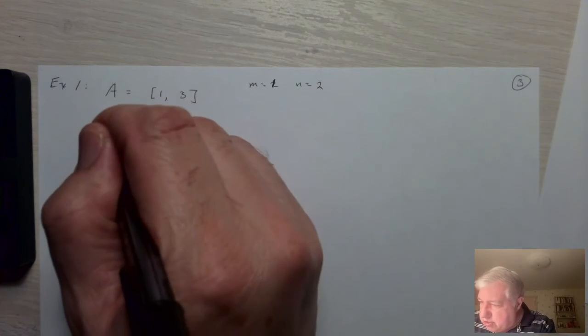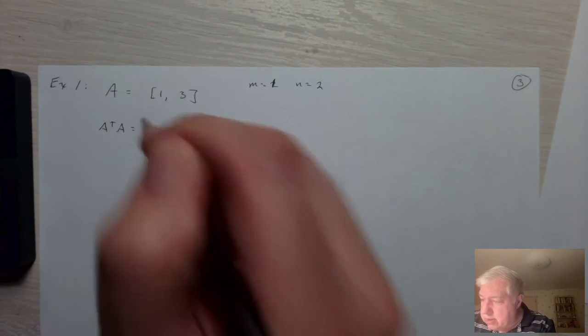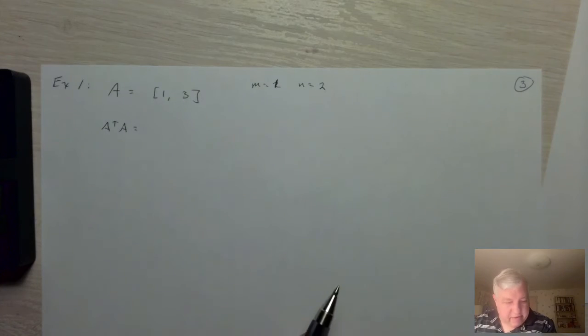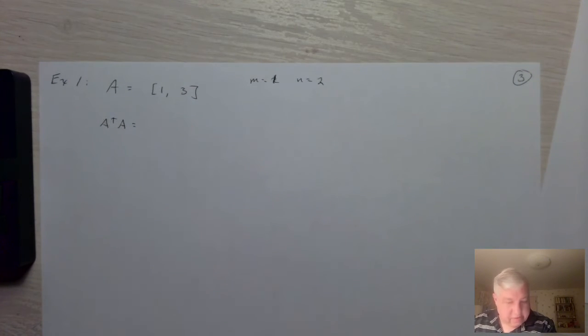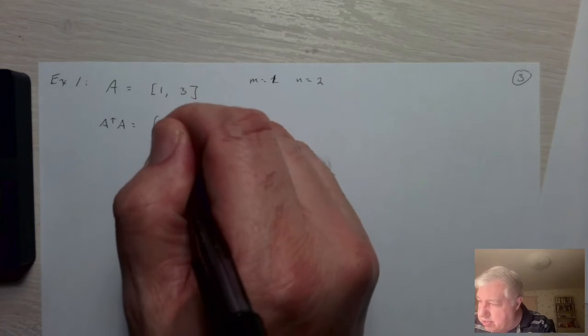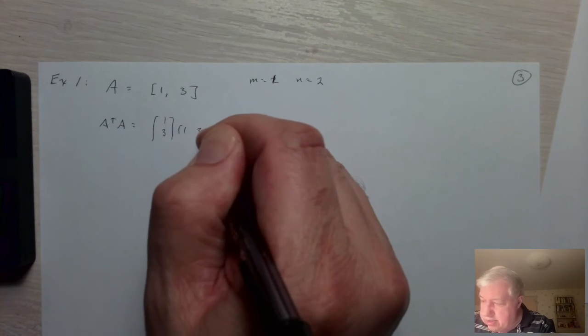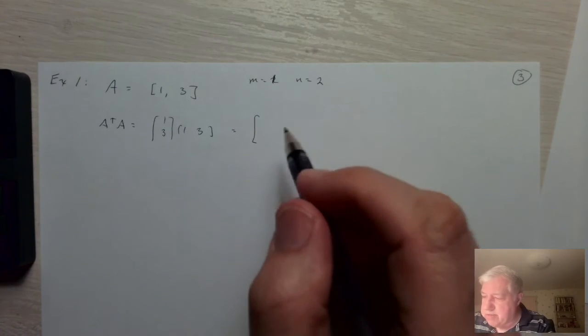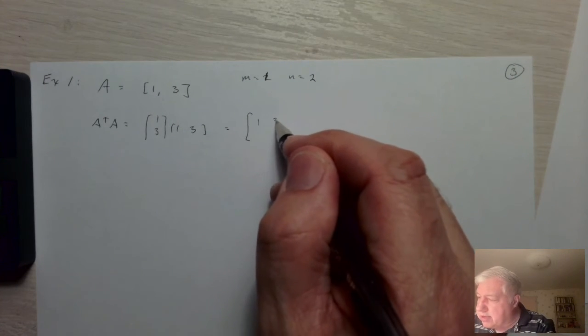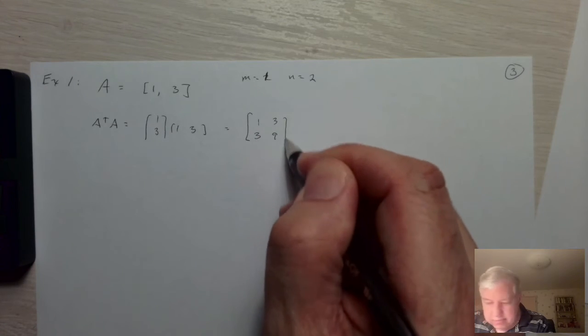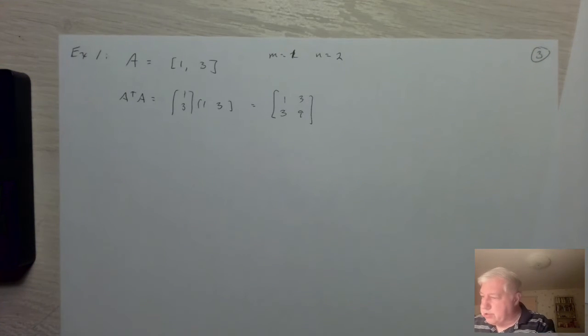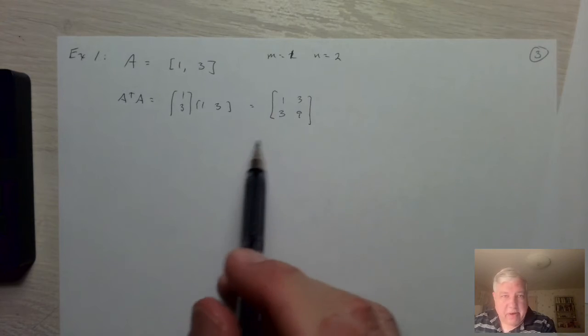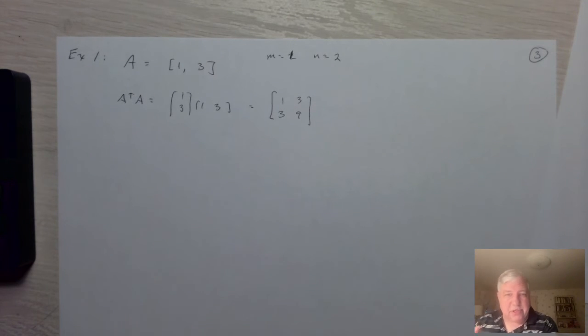So we're going to try to find the pseudo-inverse of this. A transpose A is going to be the 2 by 2 matrix 1, 3, 3, 9.